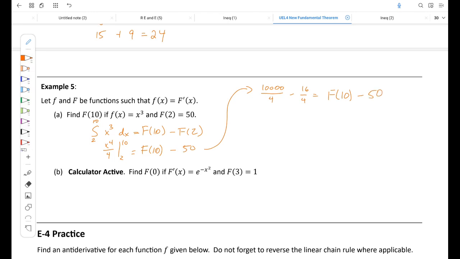All righty. So probably easier to simplify in line. 16 fourths is 4. 10,000 fourths would be 2,500. So this should be 25 with 2 zeros after it.